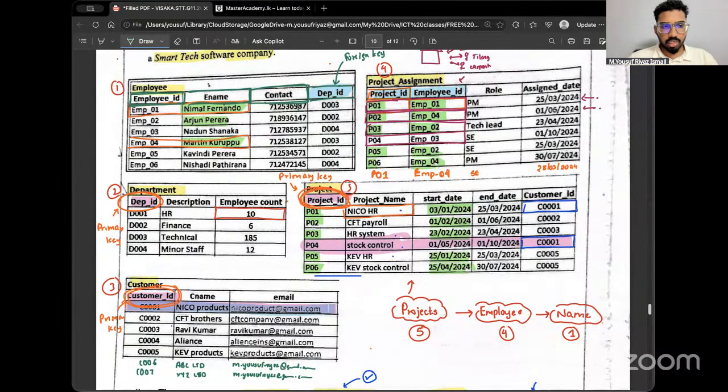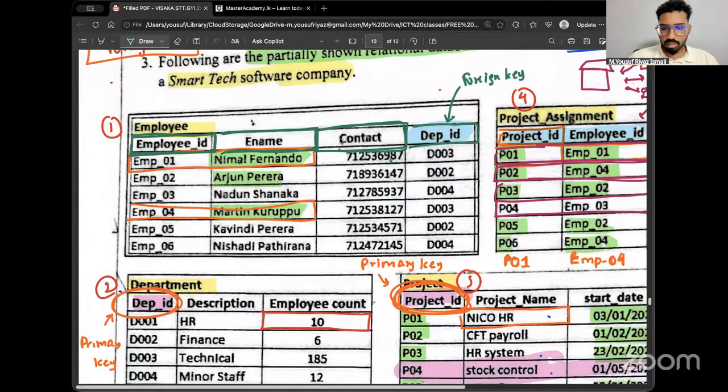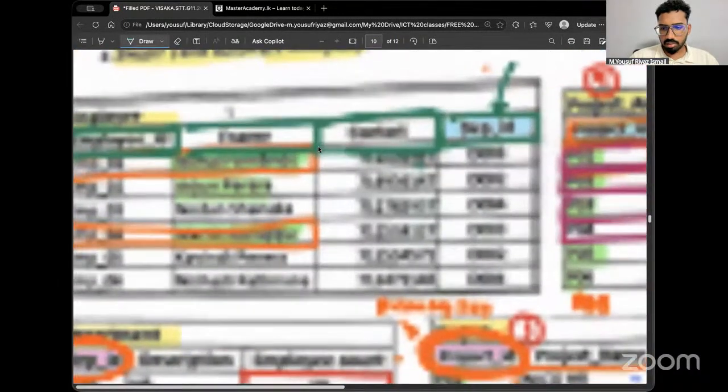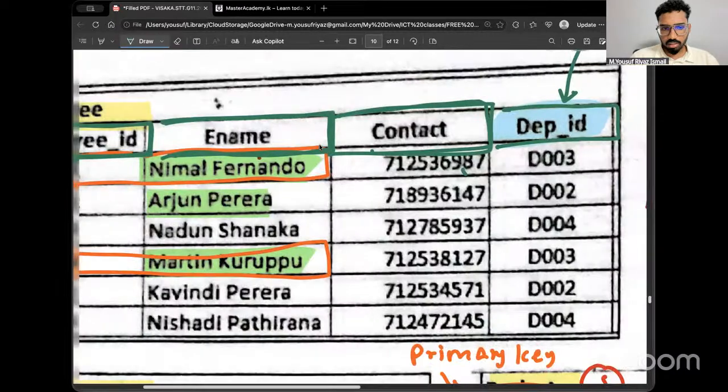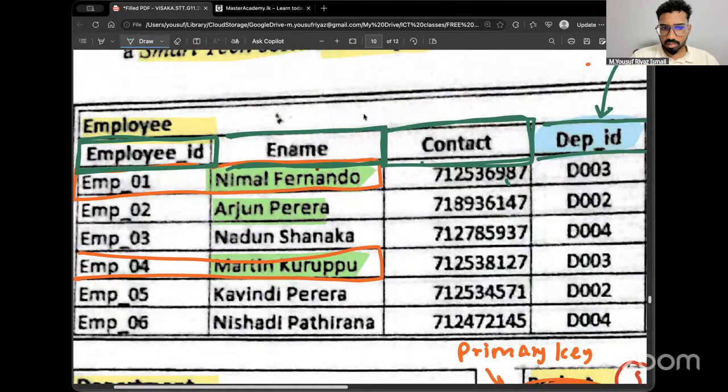Where can you see customer ID in the employee table, Rushta? I think my eyesight is broken. I can't see customer ID here. I'll zoom in and show you if you can't see. Where is customer ID here?